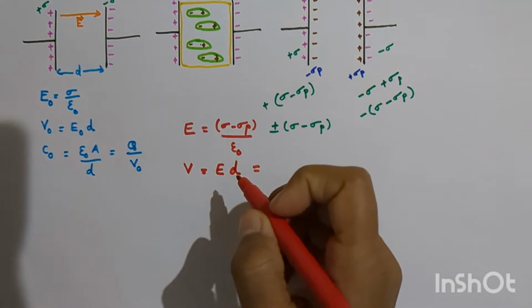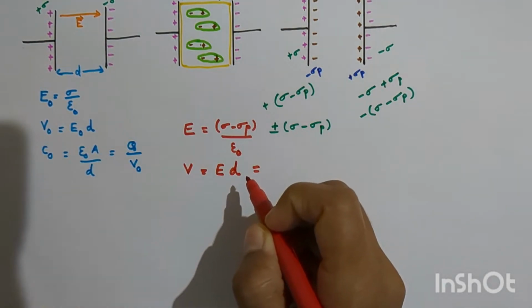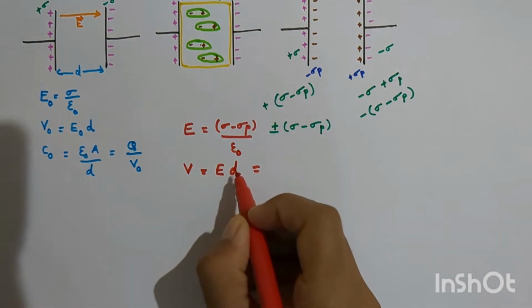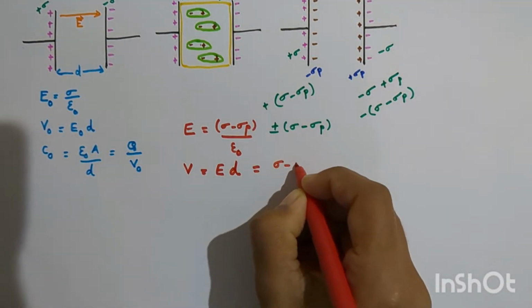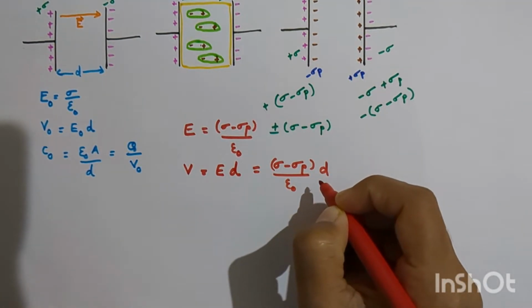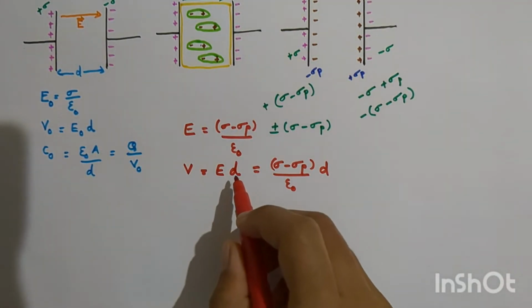Whether there is a dielectric present between the plates or not, there is no change in the distance between the plates. So E into D, where E is sigma minus sigma p divided by epsilon 0, into D. So the potential difference between the two plates of the capacitor becomes like this.